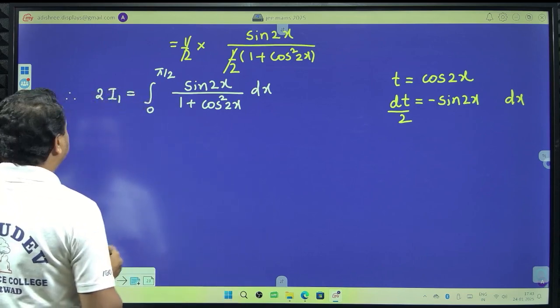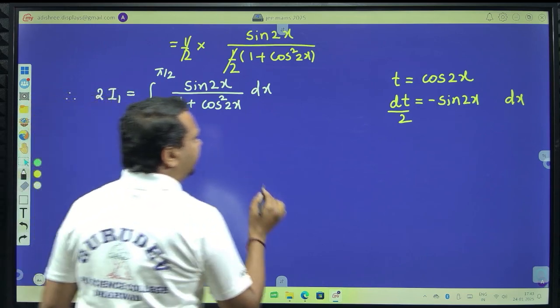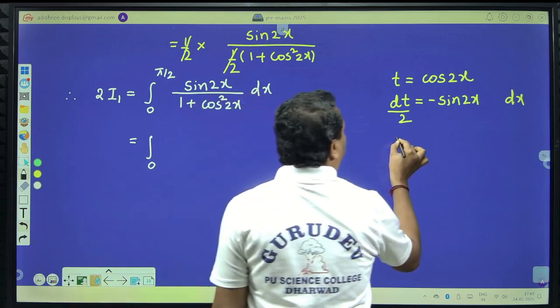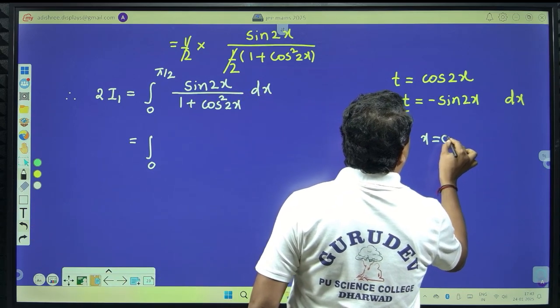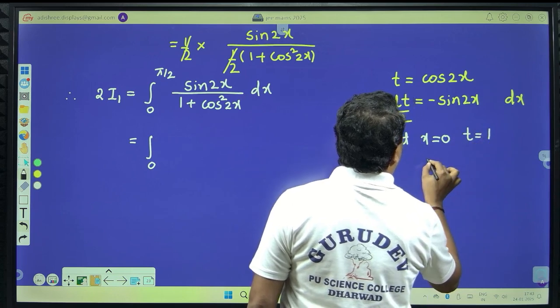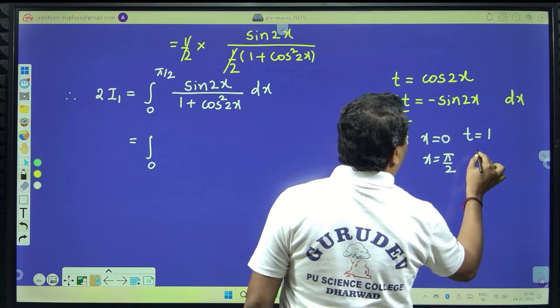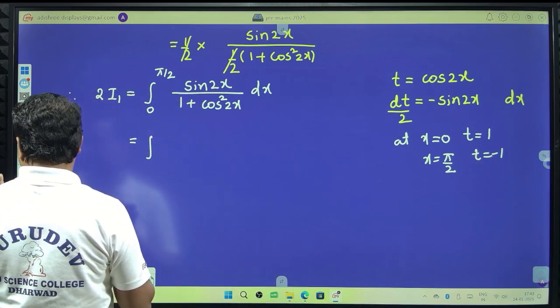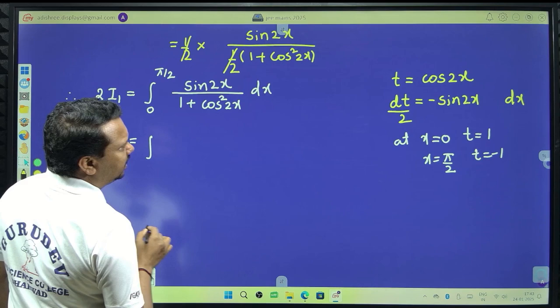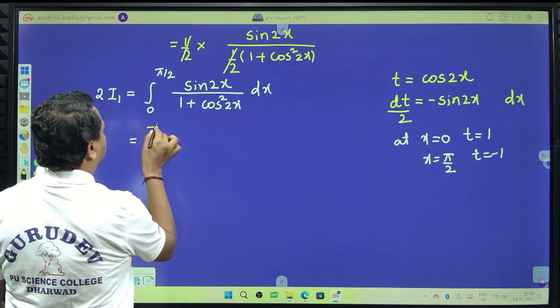The given interval will change, isn't it? At x is equal to 0, cos 0 is 1. At x is equal to pi by 2, cos pi is minus 1. So the new interval is from 1 to minus 1.